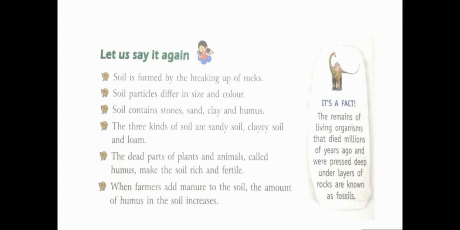The dead parts of plants and animals are called humus, which makes the soil fertile and rich. And the last point is, when farmers add manure to the soil, the amount of humus in the soil increases and the soil becomes fertile.